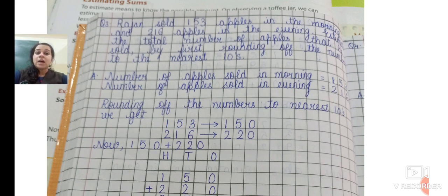We will round off these two numbers to nearest tens. Then we will add. Okay. So first what we will do? We will write what we have to write in the answer. So I want you all to write with me in the CW book as I write.